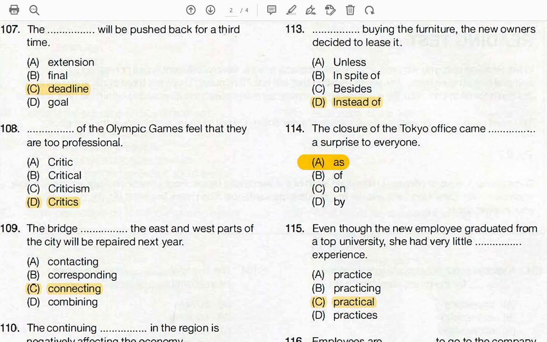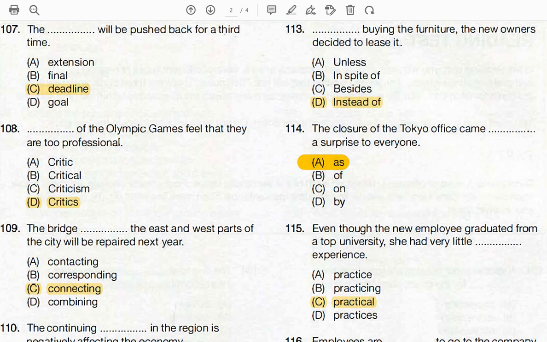And next, instead of buying the furniture, the new owners decided to lease it. Actually, the option instead of shows the contrast of the owners' two options, to buy or to lease the furniture. A option, unless, would normally introduce a condition.